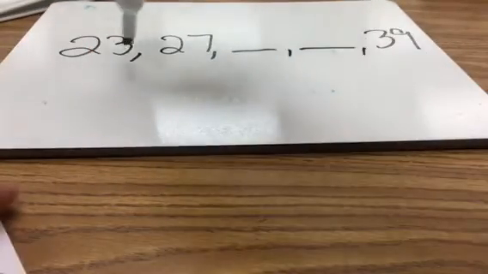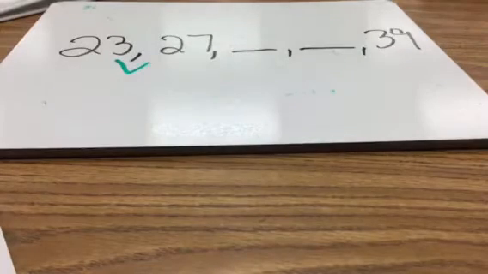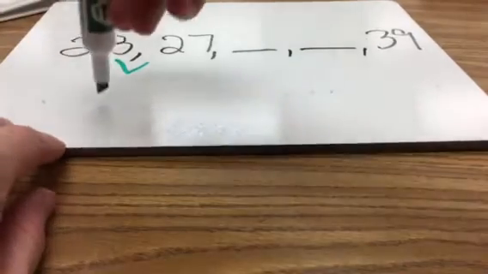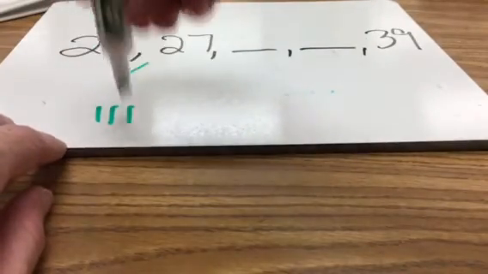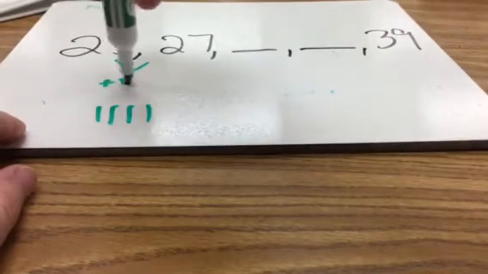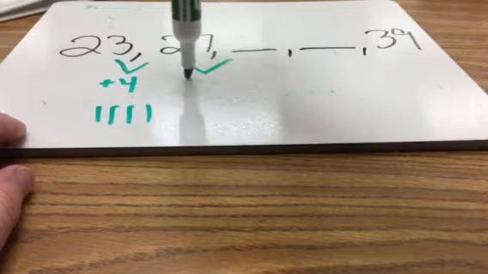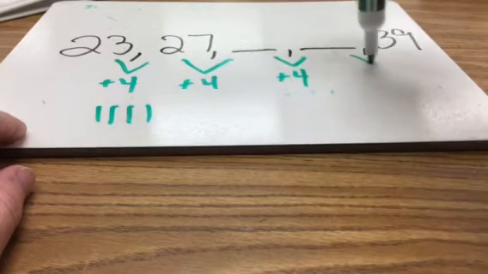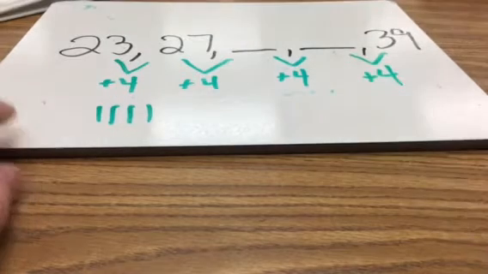So I'm looking to see, okay, well, how did I get from 23 to 27? Well, I could count. I can say 23, 24, 25, 26, 27. So plus 4. So let's see if that will work for all of the other parts of the pattern.